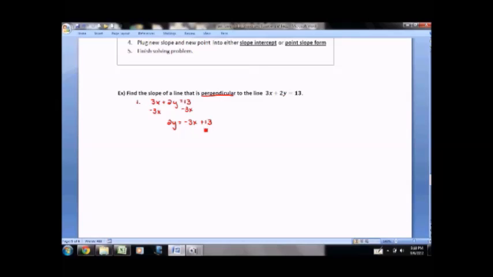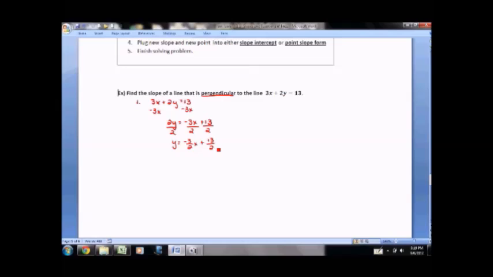Remember, we keep it in this form so we can compare it to the formula for slope-intercept form and pick out our slope really quickly. Next, to get y by itself, we divide each and every term by 2. This simplifies to y = -3/2 x + 13/2.